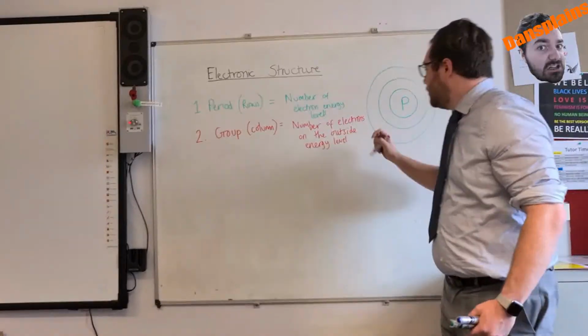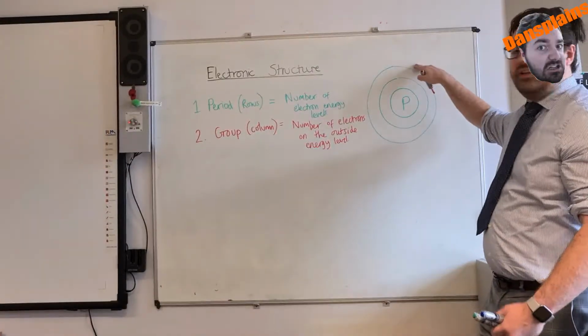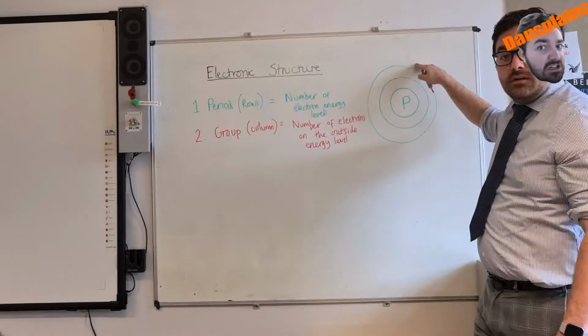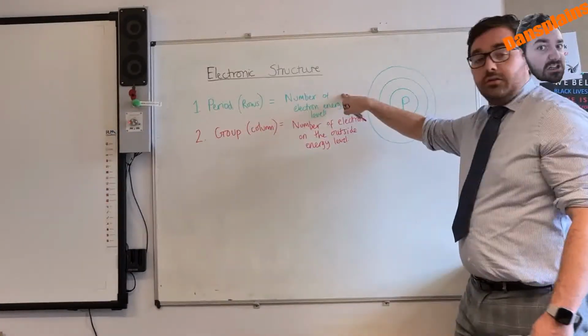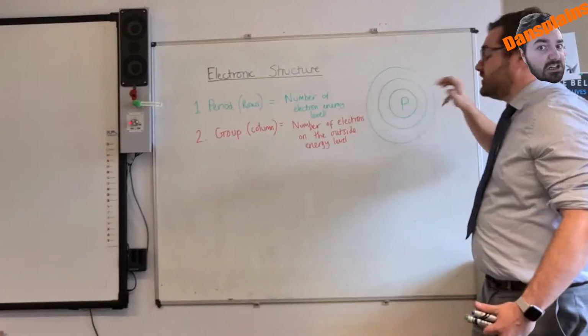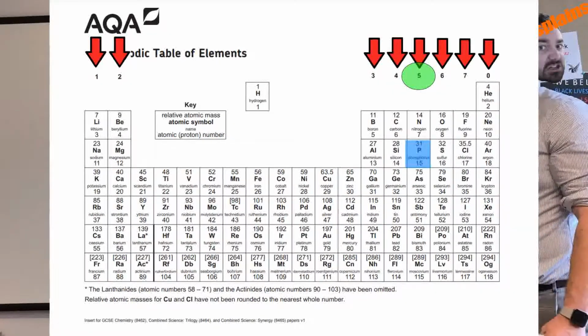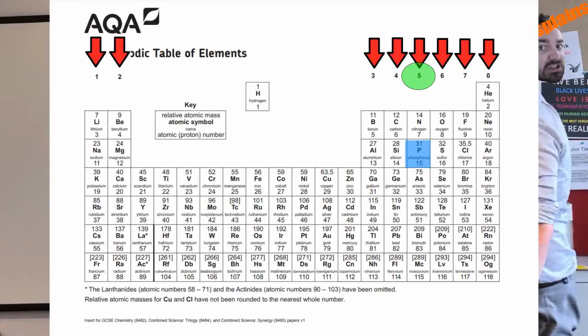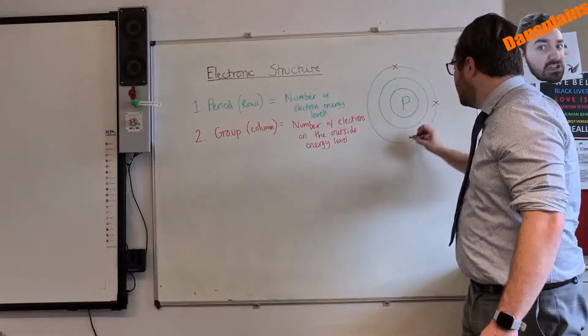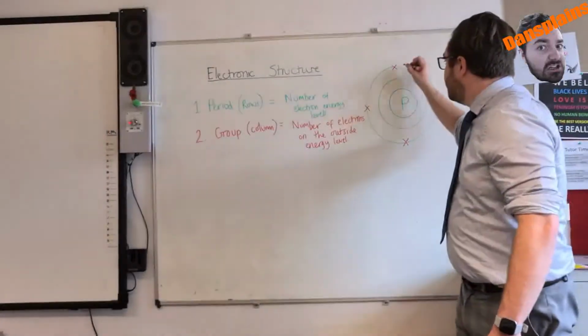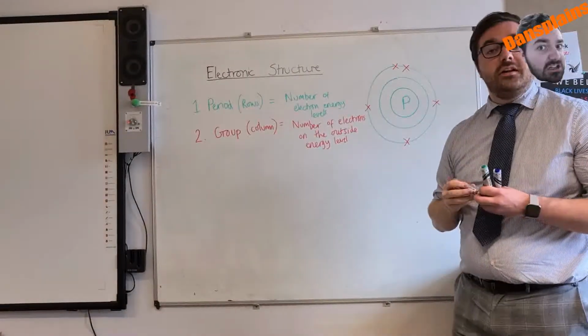Now, the outside one is obviously quite obvious. It's the one on the outside. So, period was 3, 1, 2, 3 shells. Group is group 5. We can find that number at the top. So I have 1, 2, 3, 4, 5 on my outside energy level.